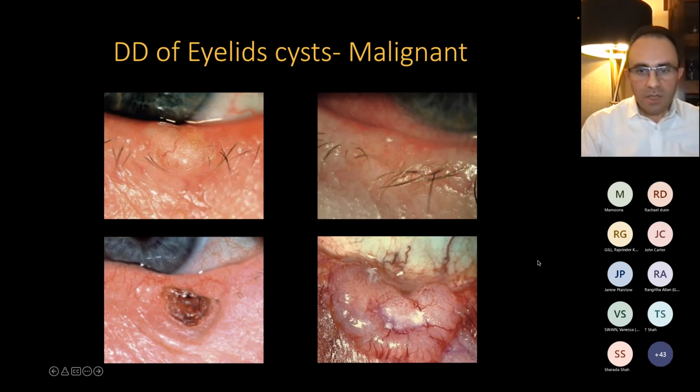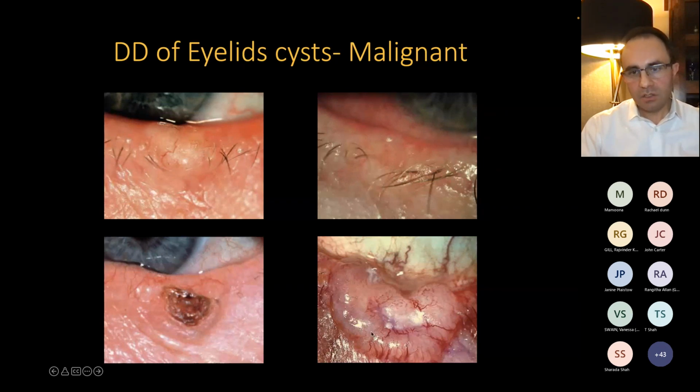So that's the differential diagnosis of the chalazion. Things which need to raise suspicion from your point of view, and you need to treat in a different way, not as chalazion, like I'm talking about malignant issues. If you see any loss of eyelashes in the area of the chalazion, that's very suspicious, because usually chalazion will never cause loss of eyelashes.